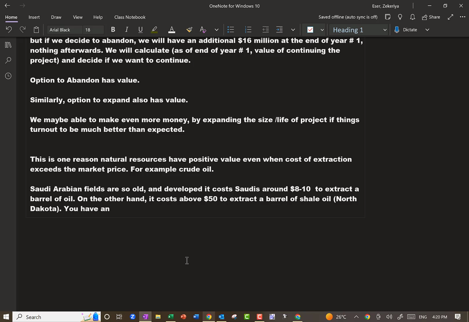You have an option to leave the product underground, and it is not economical to extract it. And do it only when you can generate profits.